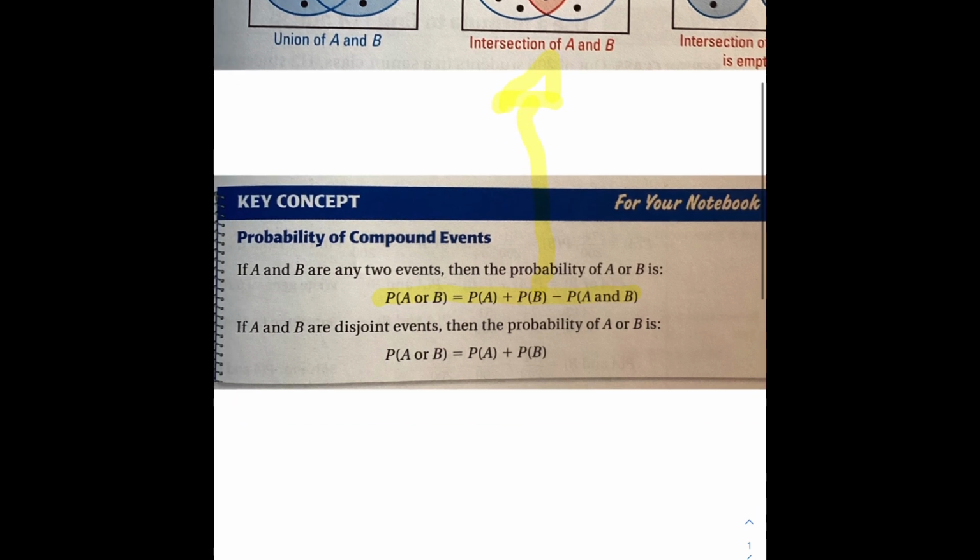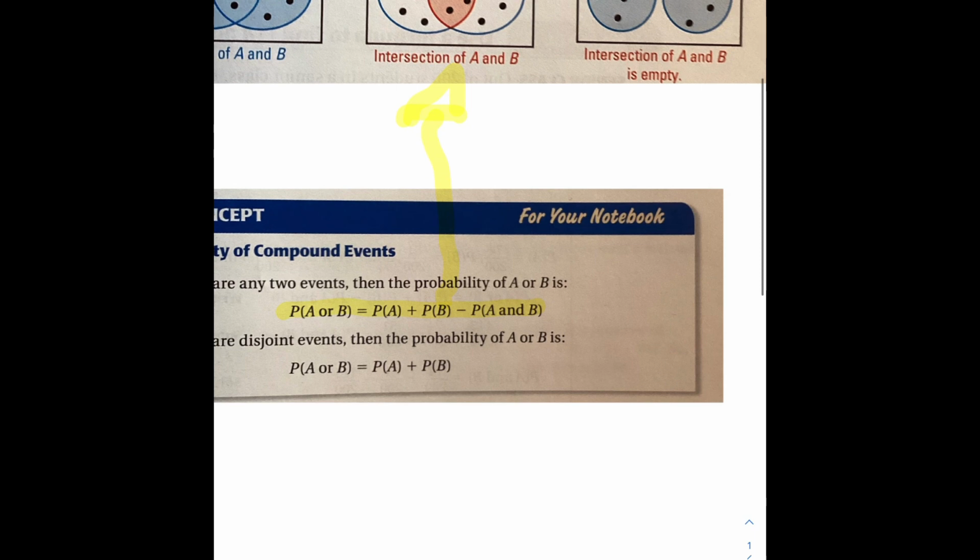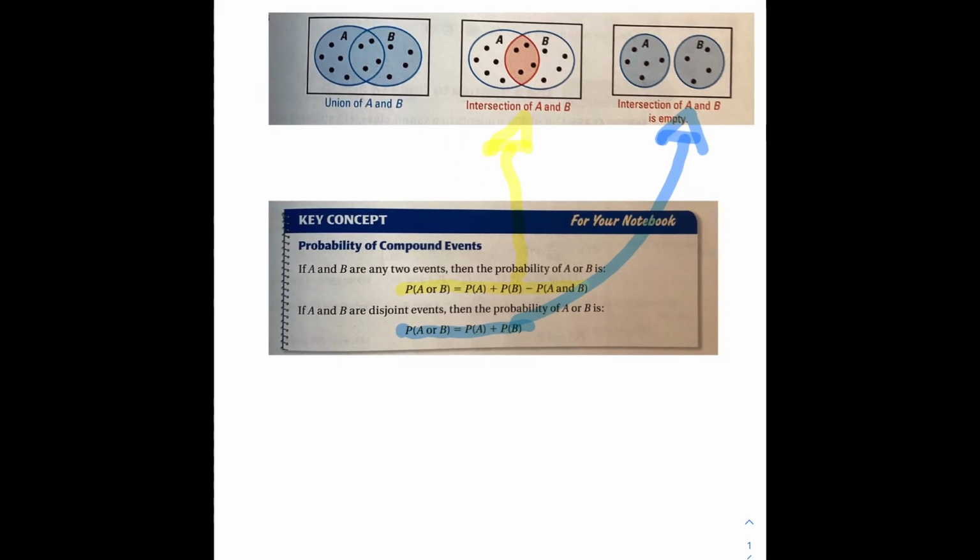Whereas if A and B are disjoint, then the probability of A or B is just the probability of A plus the probability of B. Again, this had the word or in it, so the probability of A or B.